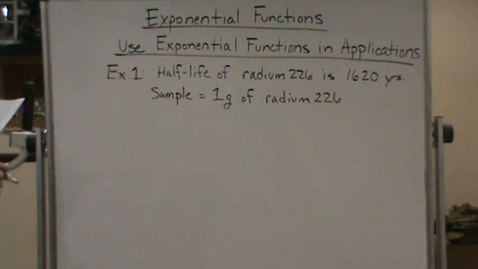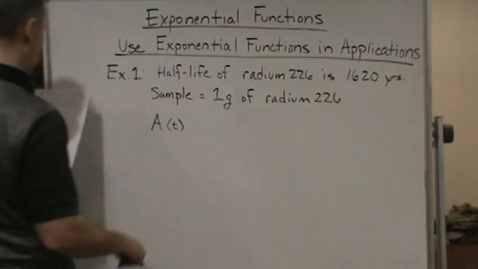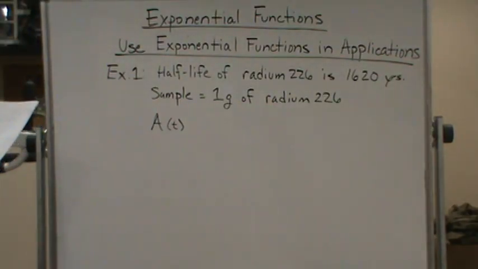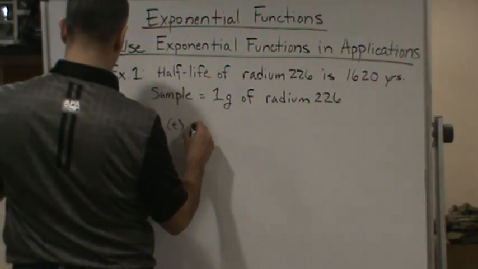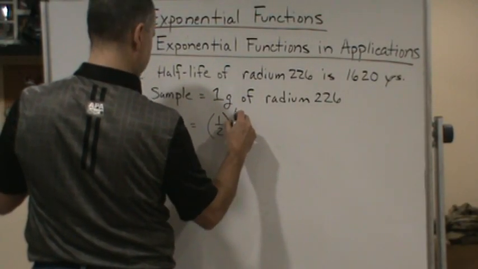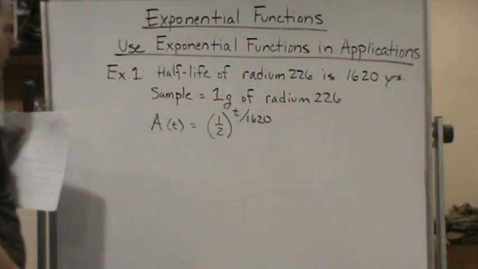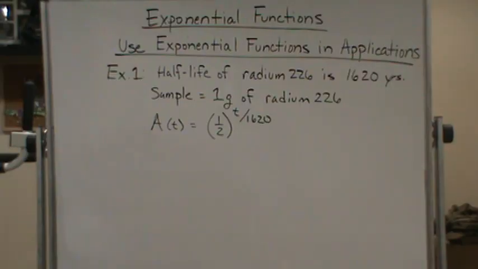Says the amount A sub t in grams of radium-226 present after t years is given by the following function. All right, so they give us that function. It says how much radium-226 will be present after 1620 years.